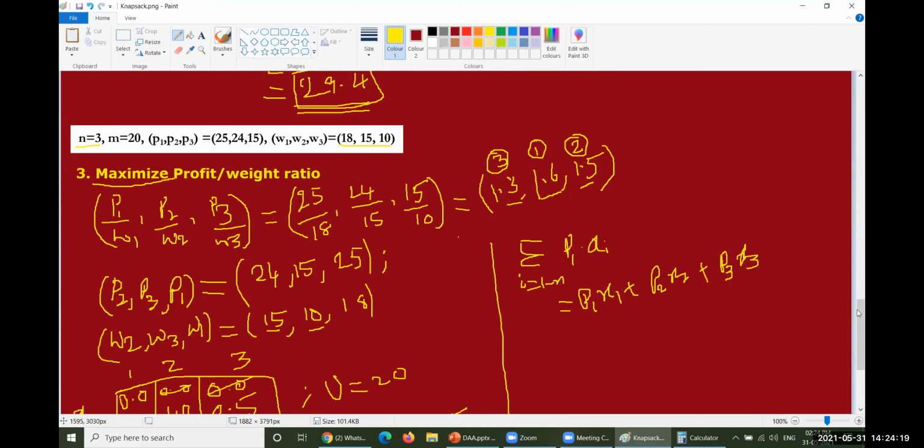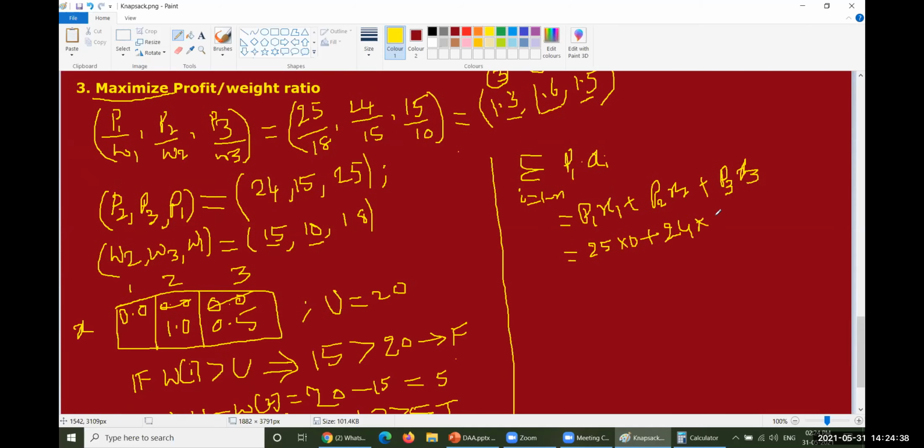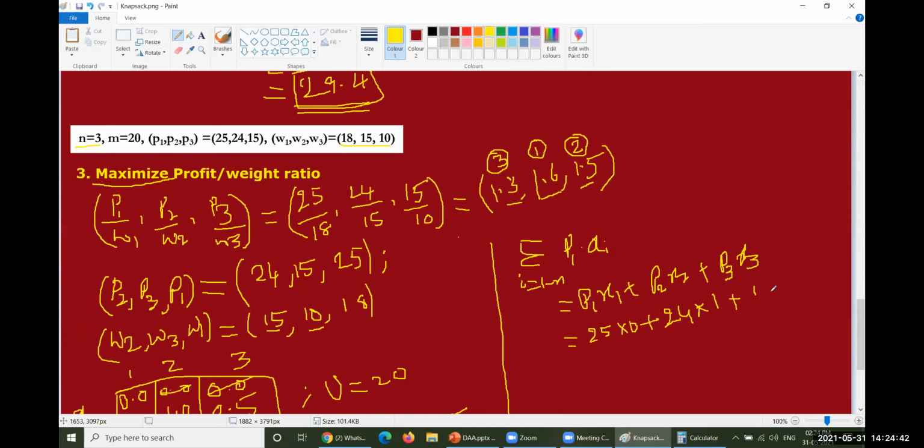Now, what is the P1 value? P1 value is 25 into 0, plus the P2 value, 24 into x2 which equals 1, plus the next one, 15 into 0.5.